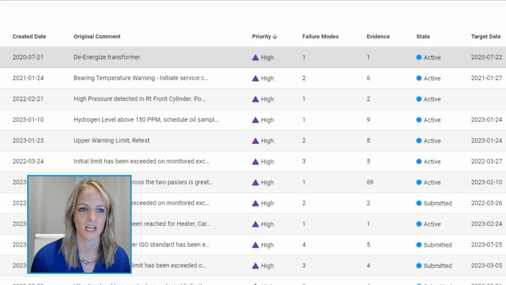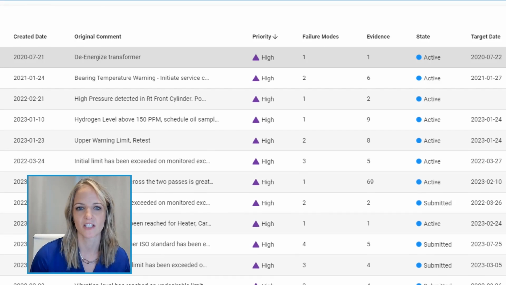And this application shows you a list of all the advisories that were generated automatically, and then automatically prioritizes them as well. It gives you the state, whether they've been submitted, meaning there is a work request that's being planned, scheduled, and executed, or if it's active, in which case it needs some information to take action against.